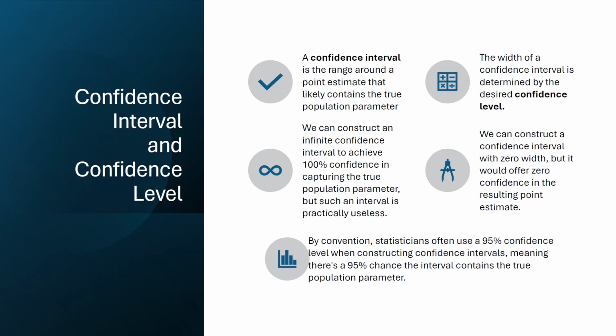On the other extreme, we can construct a confidence interval with zero width. It will reduce down to your point estimate. But the confidence in the point estimate as the true population parameter is very, very minuscule or zero.